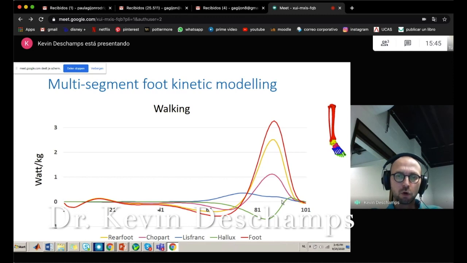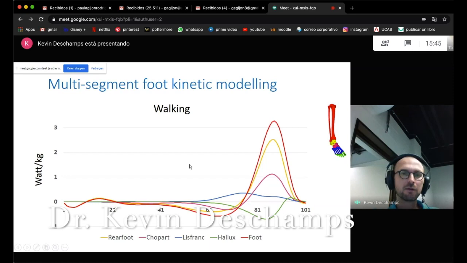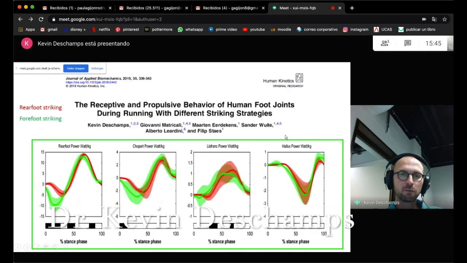So other clinical viewpoints that we have had here, and that we published 2 years later in 2019, was the kinetic behavior of those foot joints during running. We looked at these joint kinetics during 2 specific running conditions.